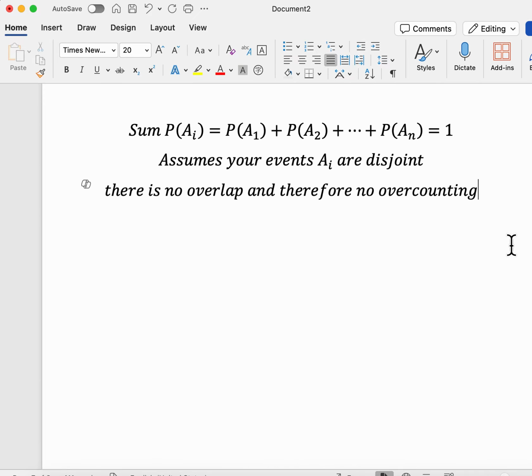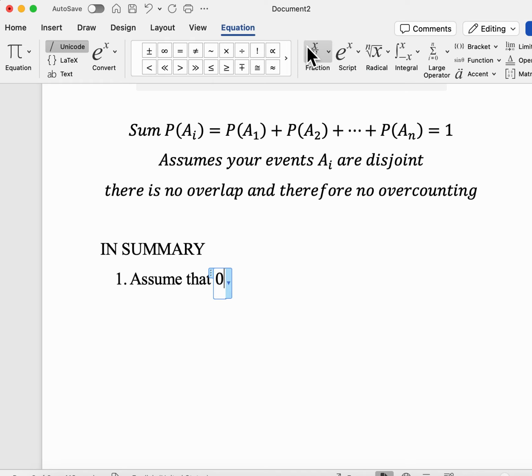So in summary, assume that all probabilities are between the unit interval 0 and 1 inclusively.